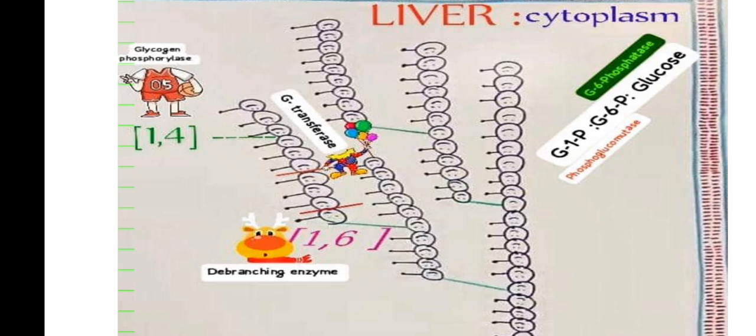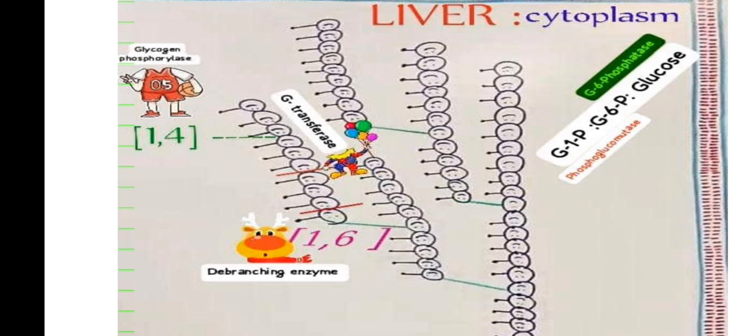So what glycogen phosphorylase is doing is breaking the alpha 1,4 glycosidic bonds, and it's releasing glucose 1 phosphate. Why? Because those phosphate molecules sprinkling on this chain are attaching themselves to the first carbon of a glucose unit, and we are forming what we call glucose 1 phosphate. We will see how that glucose 1 phosphate is going to be used later.